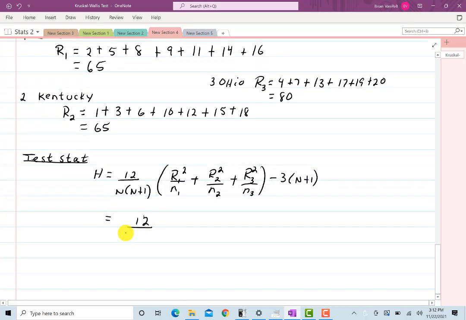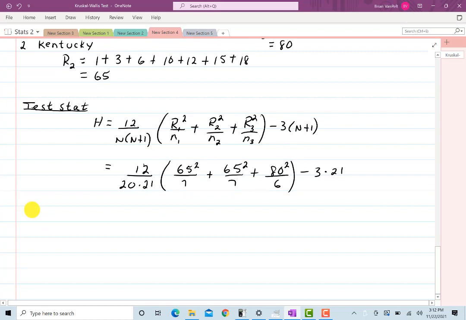Now my capital N was 20. N plus 1 will be 21. R1 was 65, so I'm going to do 65 squared divided by N1 was 7. And then I had 65 squared divided by 7 again. But then for R3 that was 80. So 80 squared divided by 6 minus 3 times 21.